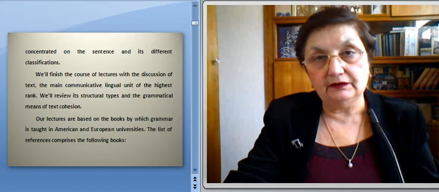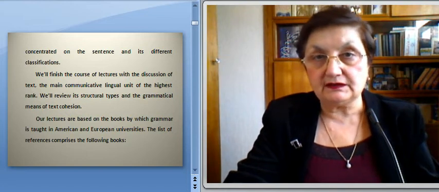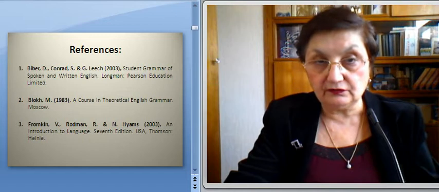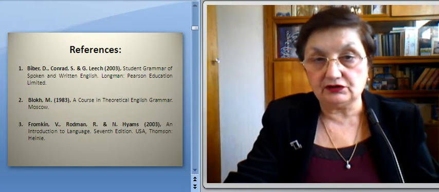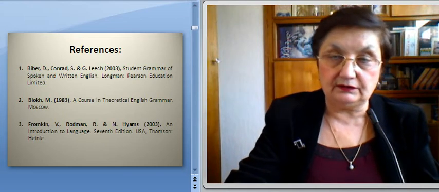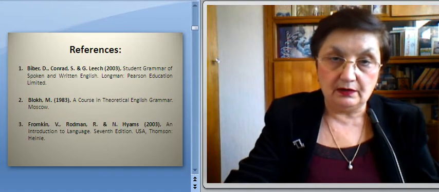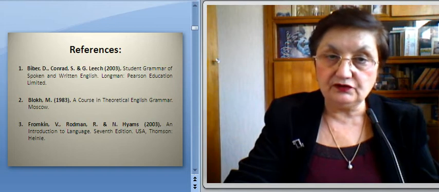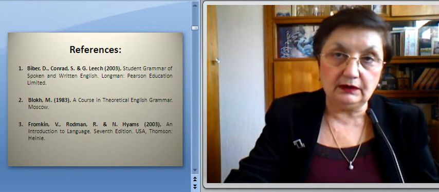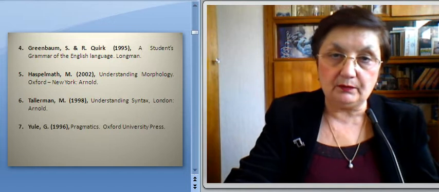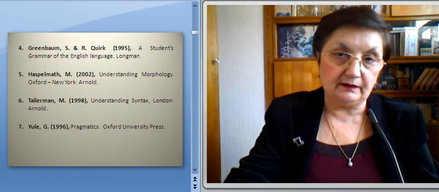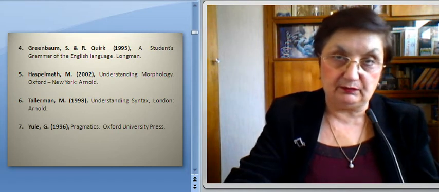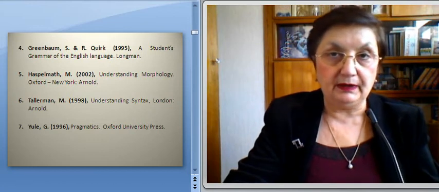The list of references comprises such books as Student Grammar of Spoken and Written English by Biber, Conrad, and Leech, A Course in Theoretical English Grammar by Blokh, An Introduction to Language by Fromkin, Rodman, and Hyams, A Student's Grammar of the English Language by Greenbaum and Quirk, Understanding Morphology by Haspelmath, Understanding Syntax by Tallerman, and Pragmatics by Georgiou.